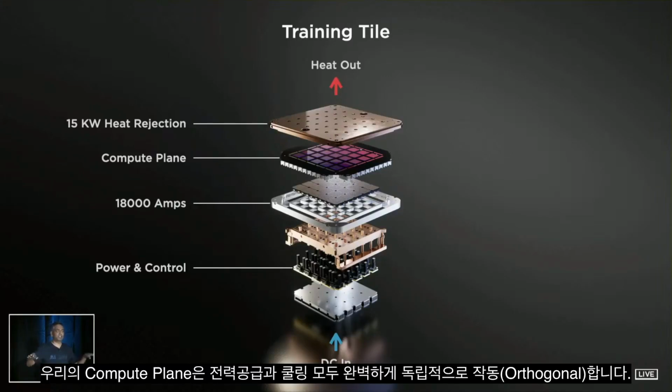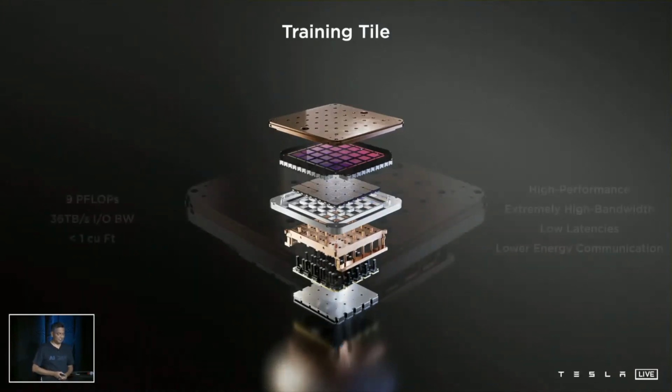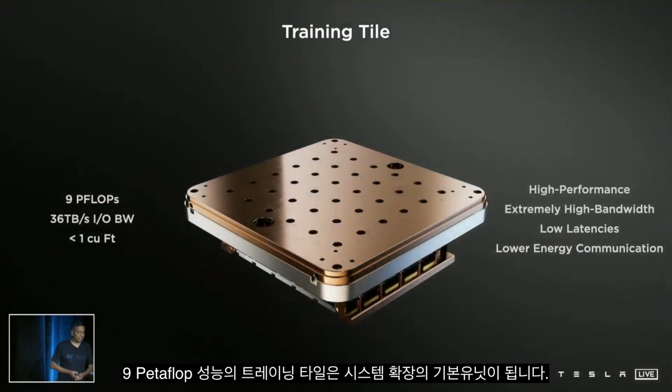Our compute plane is completely orthogonal to power supply and cooling. That makes high bandwidth compute planes possible. What it is, is a 9 petaflop training tile. This becomes our unit of scale for our system.